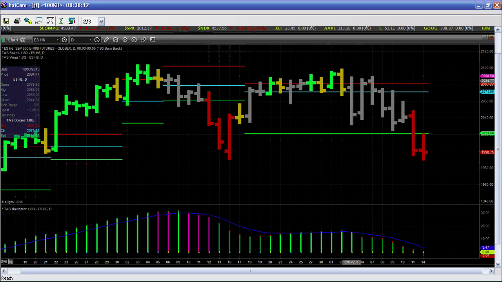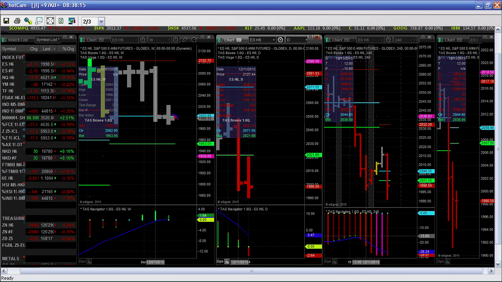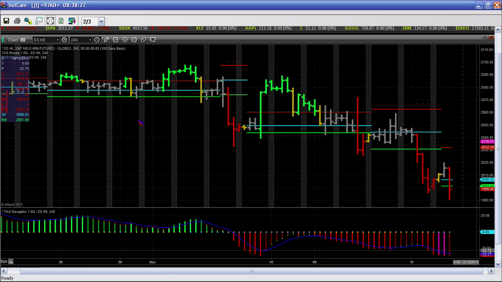So as we look at this, for day traders, you've got a big POC on the weekly, which in a wide profile is very, very important, at 2002. You've got the 240s sitting at 2001. So let's go into the scanner for lows at 2001. So let's go back to our futures section.